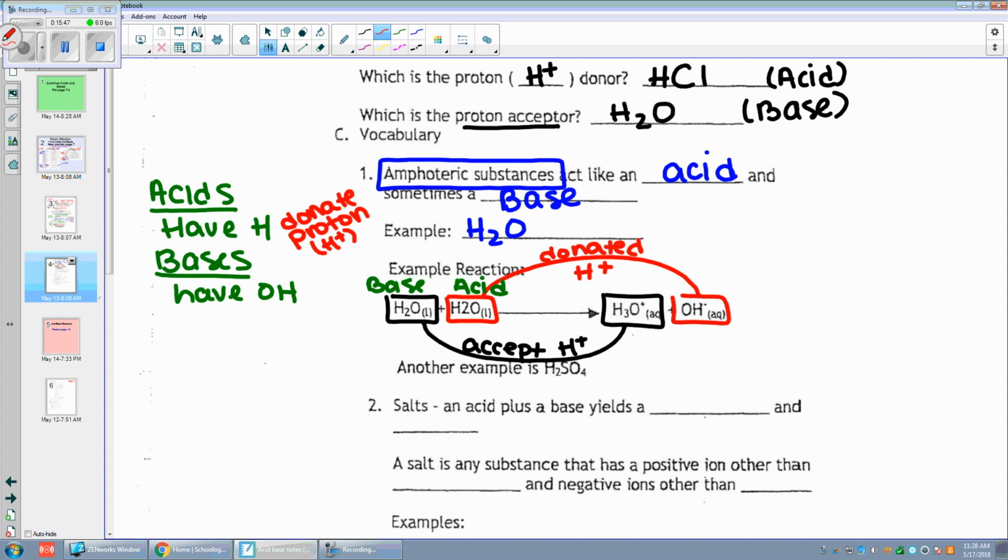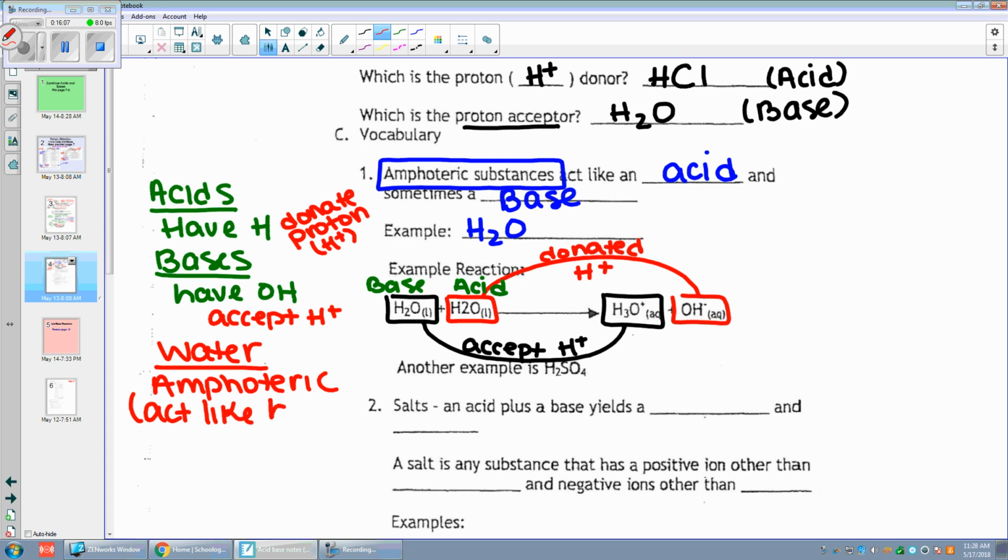Bases have OH, and they accept your H+. Water is amphoteric. It acts like both acid and base.